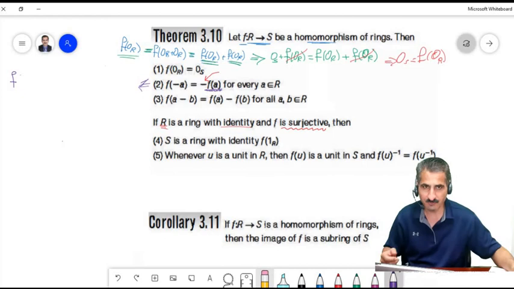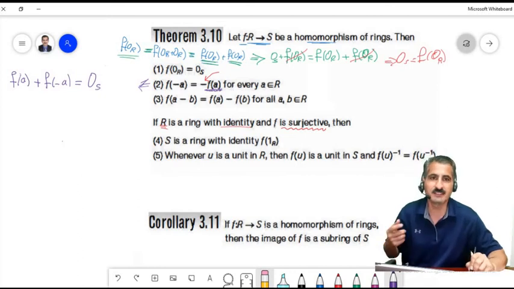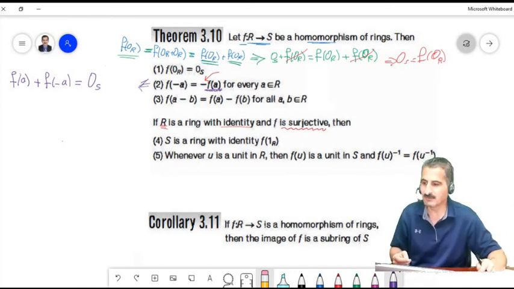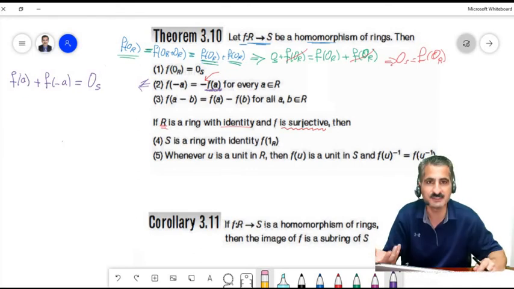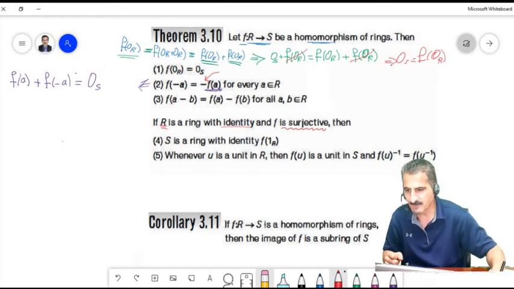I want to find the inverse of f of a, so I will show that f of a added to f of negative a gives 0 of S, right? If that happens, that means the inverse of one of these elements is the other, because we're adding them and getting 0, right? So if we can do that, then we are done. So this is the question.